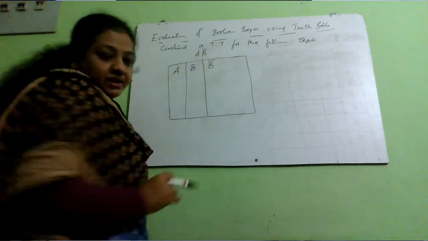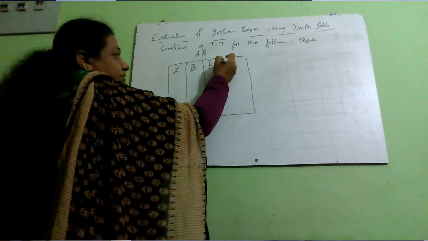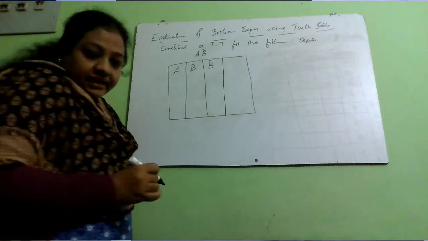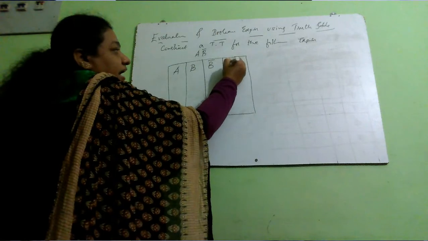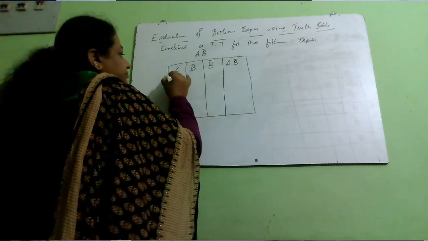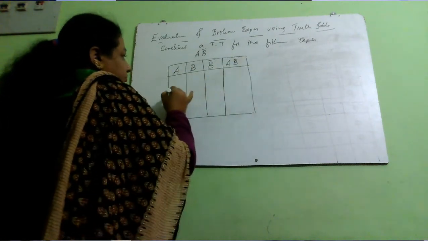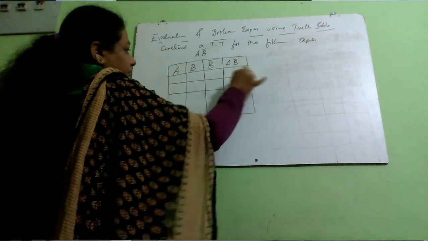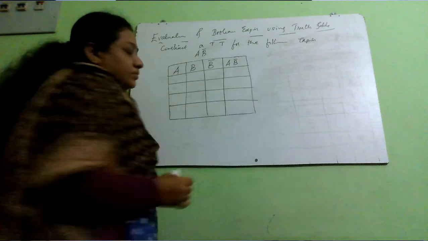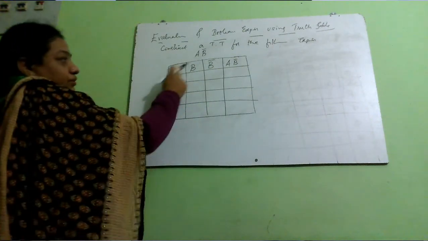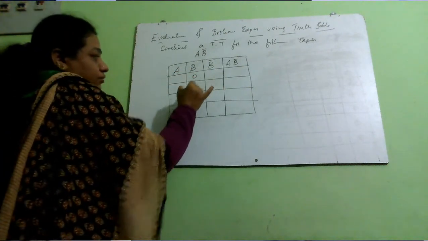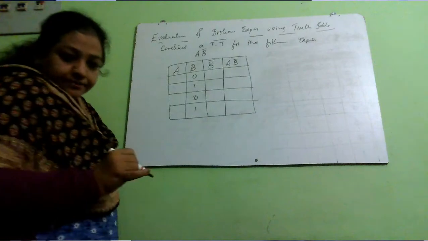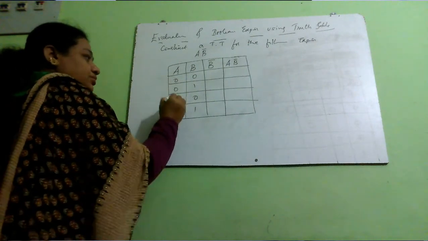A Boolean expression will have logic variables which can be 0 or 1, and there are only 3 basic operations: AND, OR, NOT. So a Boolean expression can be A, B bar plus C plus D or D bar.